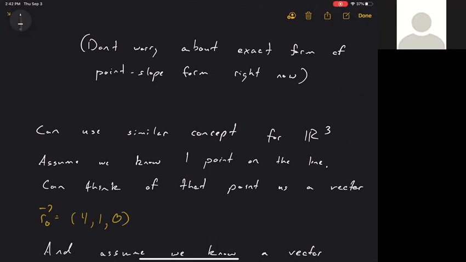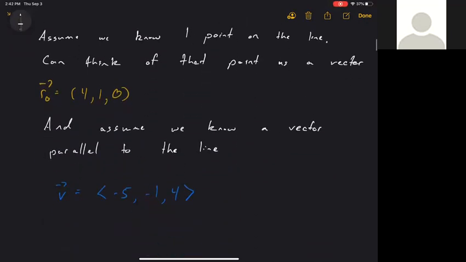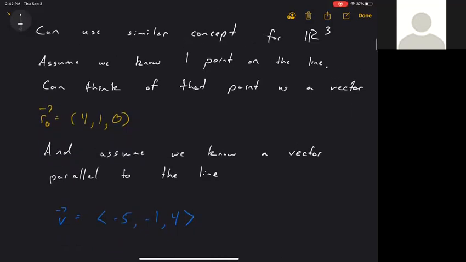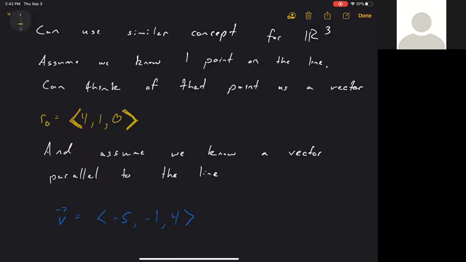So let's start thinking about R3, and let's assume we know one point on the line. Remember, we can think of that point as a vector, really. This is one of my issues with the textbook, that they make a bigger deal about the difference between vectors and points than I think is necessary.